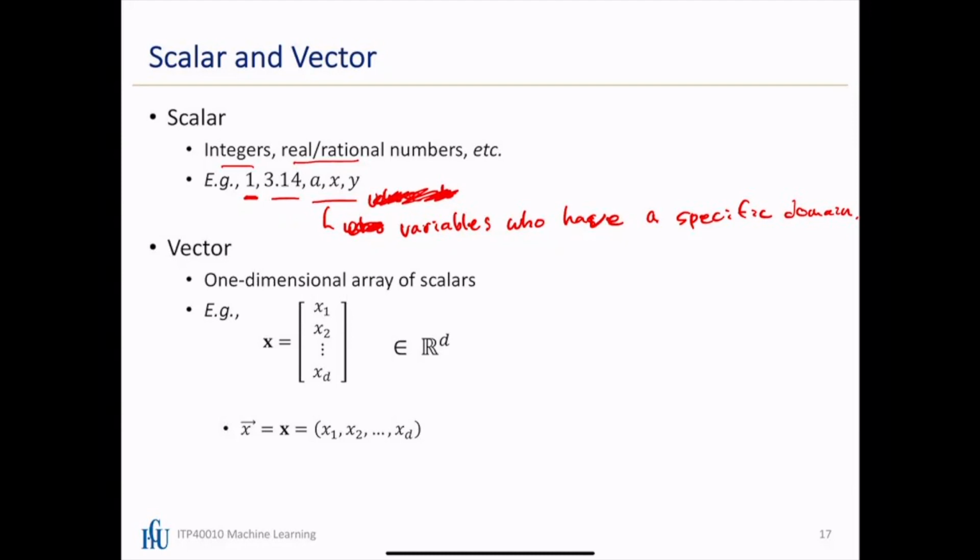So vector is a collection of these scalar values, but they have some kind of order. This is different from a set. A set is a collection of those numbers, but you don't have any order in the set.